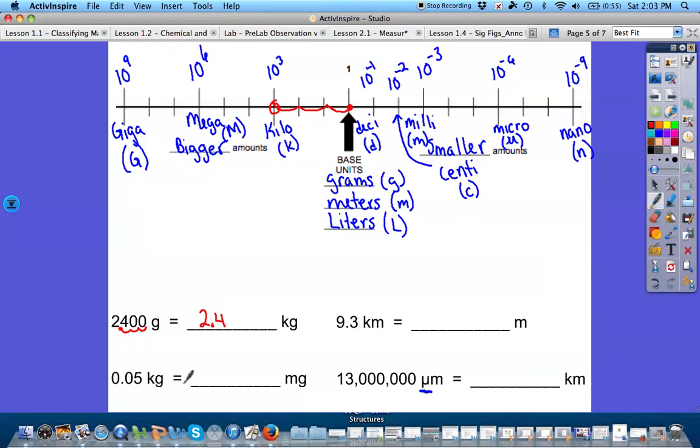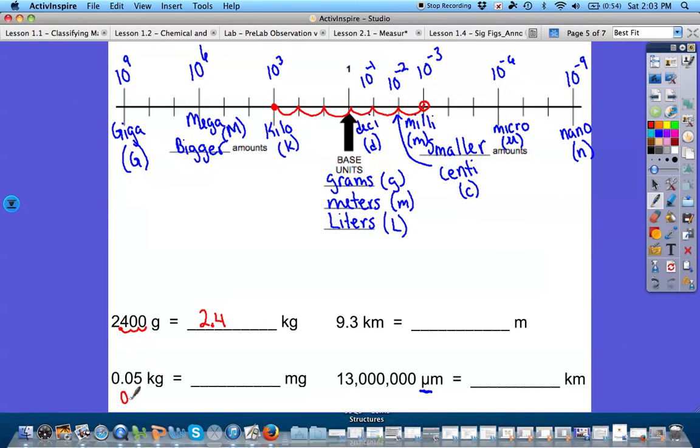0.05 kilograms. So let me go through and erase this so we can look at this again. 0.05 kilograms is where we're starting, and we want to go to milligrams. So now notice we're moving the opposite direction on the number line, so we're going to move our decimal in the opposite direction, so to the right. So we're moving it 1, 2, 3, 4, 5, 6 places to the right.